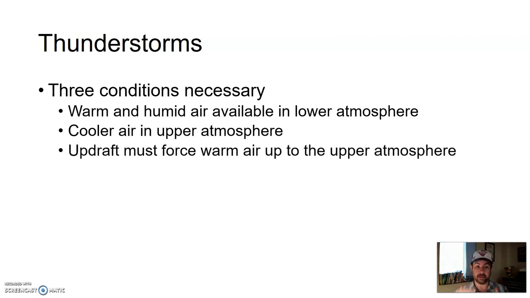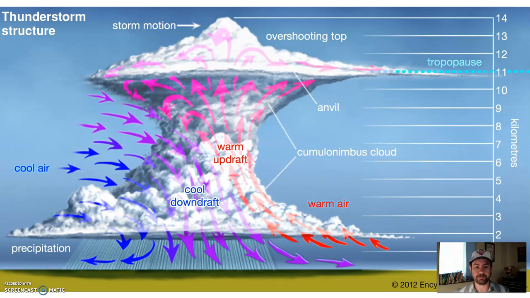And then you must have some sort of updraft that's forcing the warm air up to the upper atmosphere, where it cools very quickly. It loses the ability to hold all that precipitation, and then it rains. Now, how fast that upward movement is done dictates how much energy is in a storm, thus the severity of a thunderstorm.